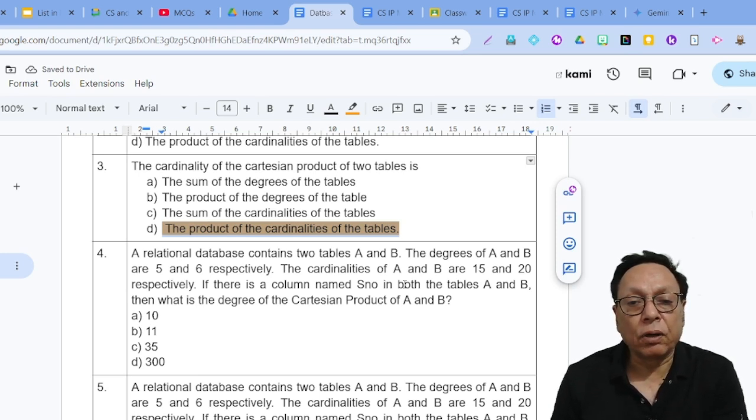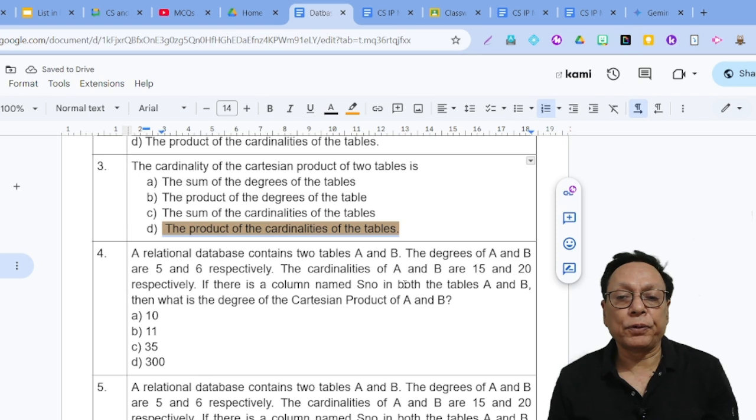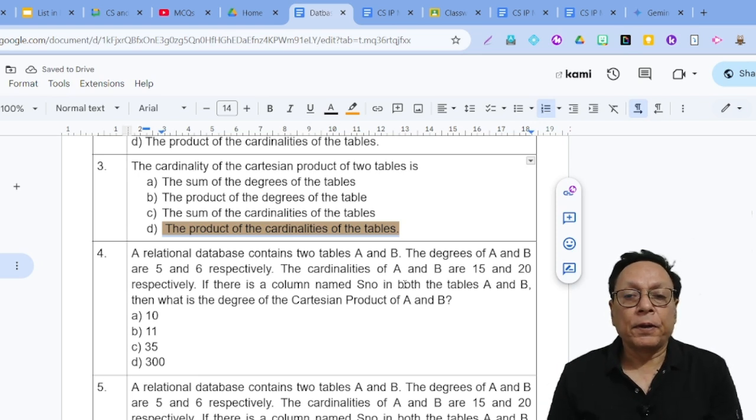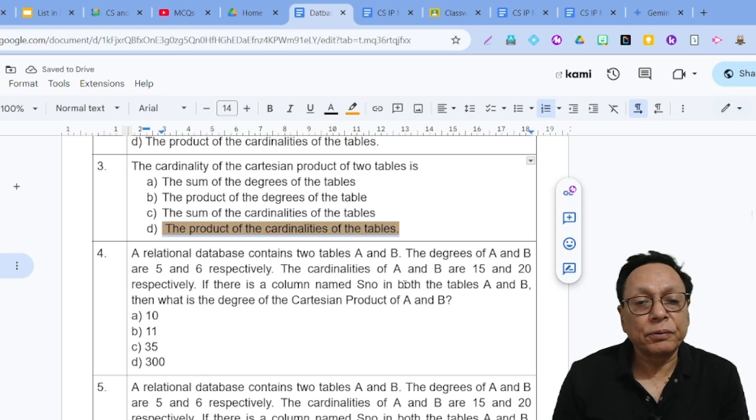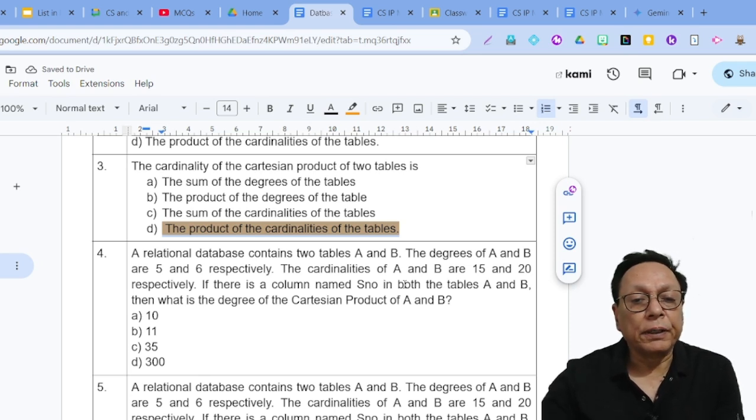If there is a column named serial number in both tables A and B, then what is the degree? There is no join condition involved, so it is a simple Cartesian product. When there is a simple Cartesian product, the total number of columns is the degree of the table, and that is why after the Cartesian product, the degree of the table should be 6 plus 5, 11.